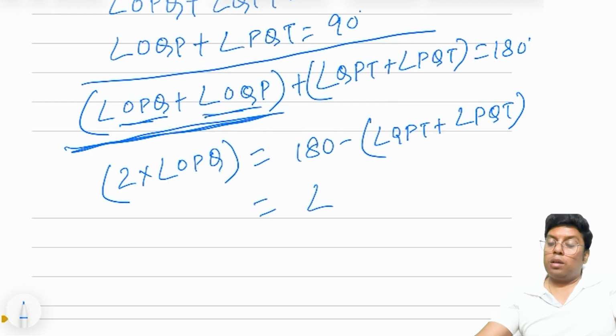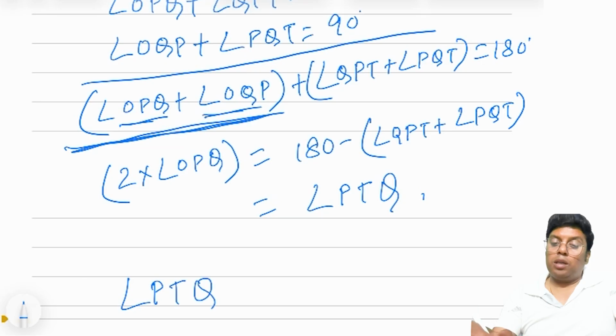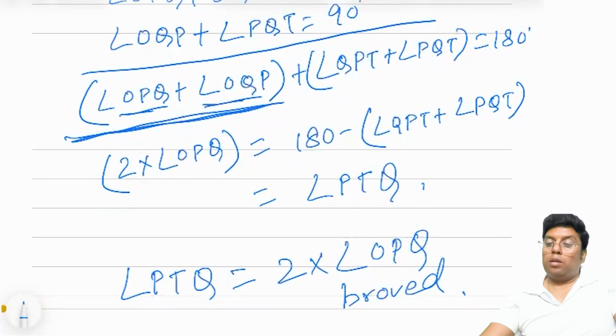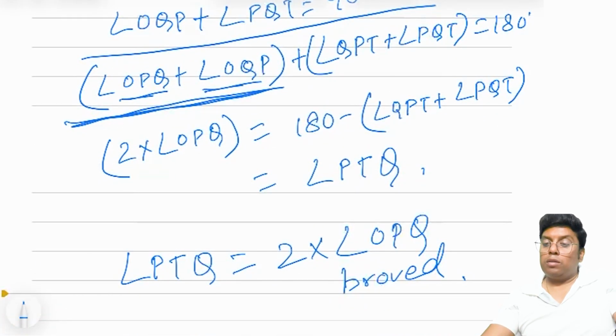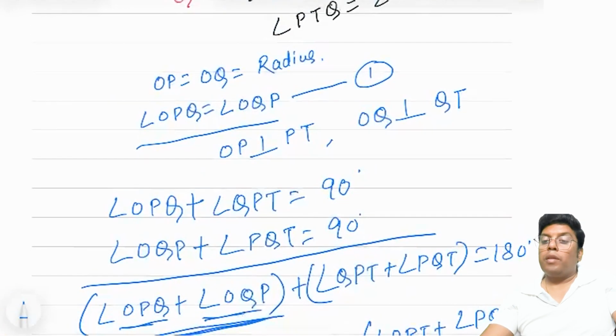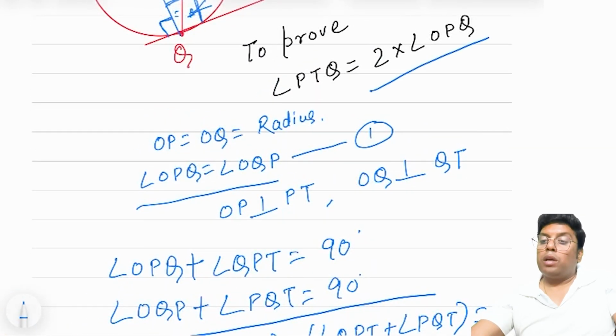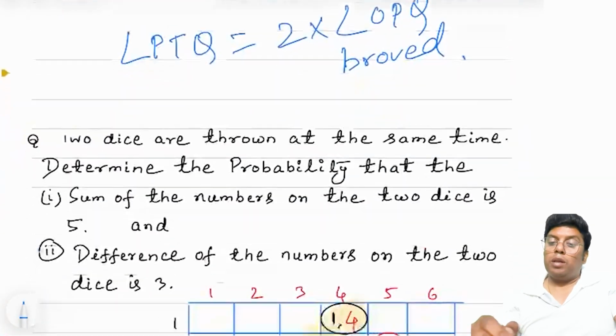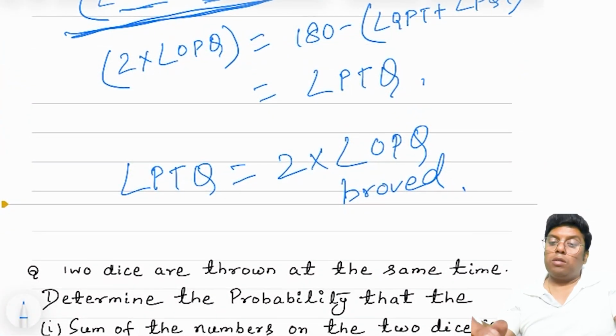So this will be written as angle PTQ. Hence angle PTQ is equal to 2 into angle OPQ. Hence proved. That is what we had to prove.